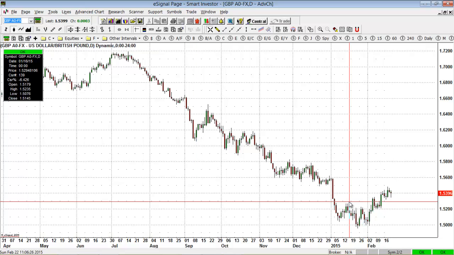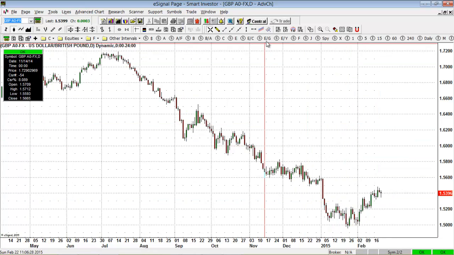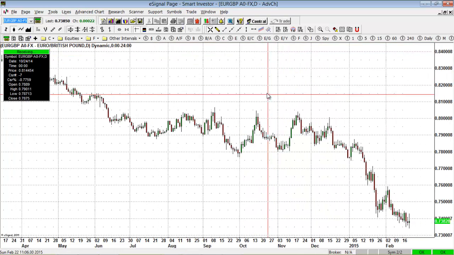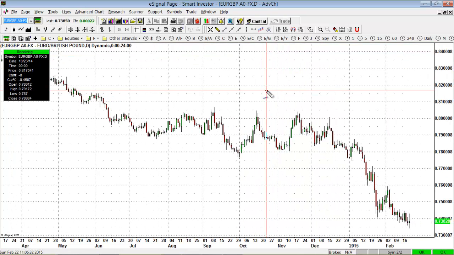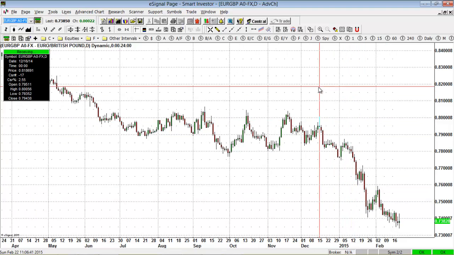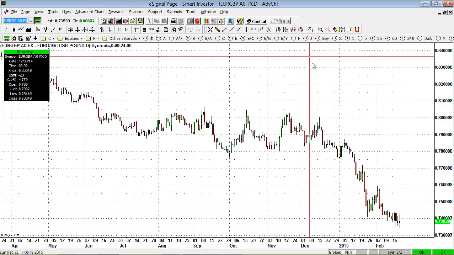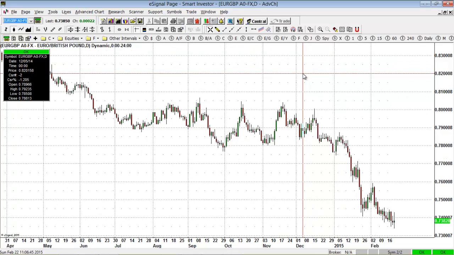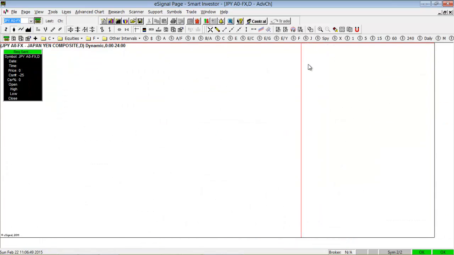Looking at the euro pound, for example, we see that it is still in a downtrend, and this market has not bottomed as yet. So sometimes when the major currency pairs are a bit stagnant, it's good to look at the crosses to see if there are any trading opportunities.